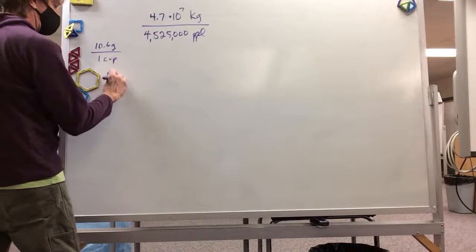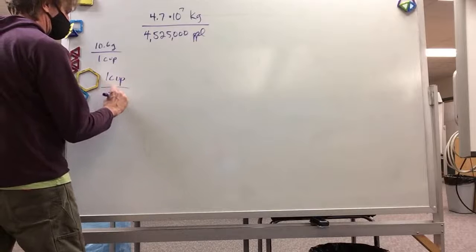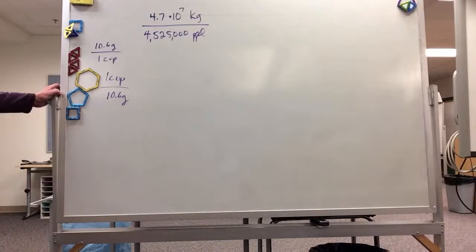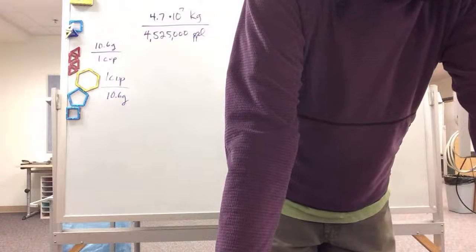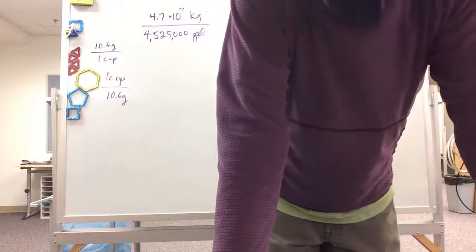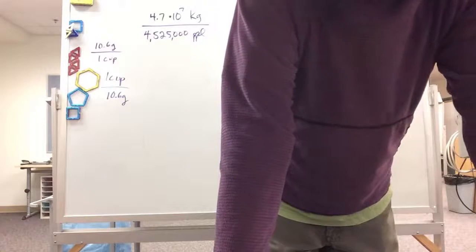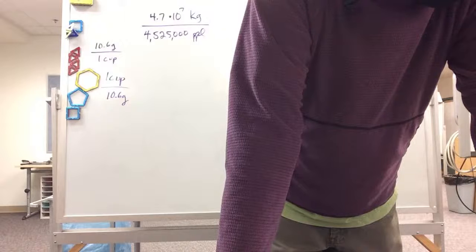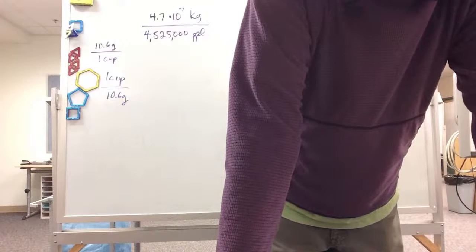We could also write 1 cup per 10.6 grams. That would be pretty good. To find coffee consumption in cups per person, if we get kilograms per person, then we can use the grams per cup, and then we can come up with cups.